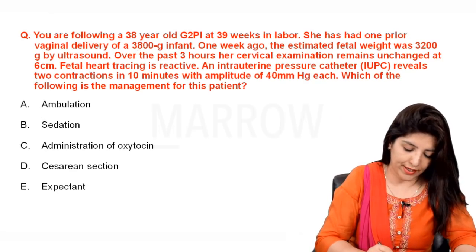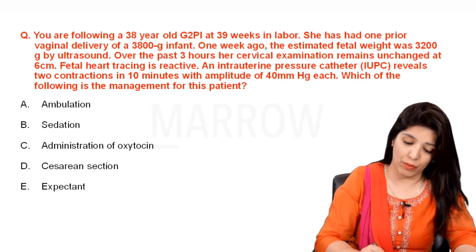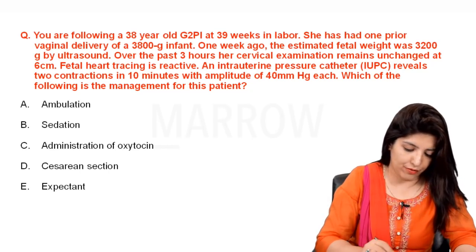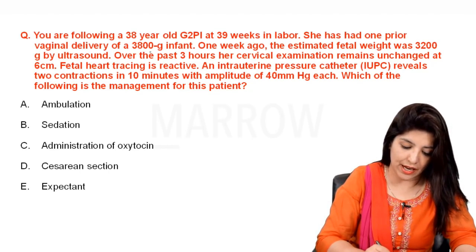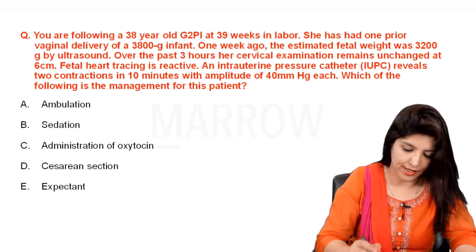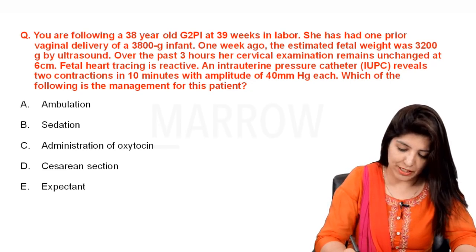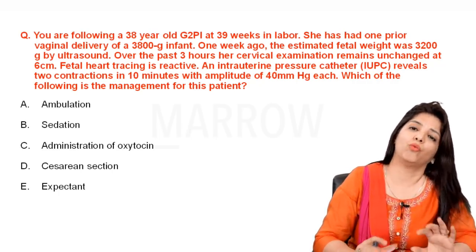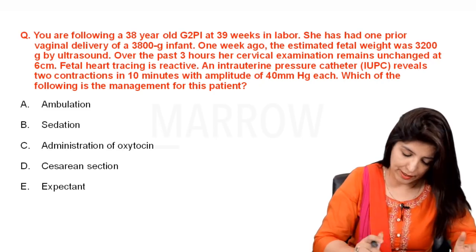Now look at this question. You are following a 38-year-old G2P1 at 39 weeks in labor. She has had one prior vaginal delivery of a 3,800 gram infant. 1 week ago, the estimated fetal weight was 3,200 grams by ultrasound. So this time, the weight of the fetus is less than it was last time.